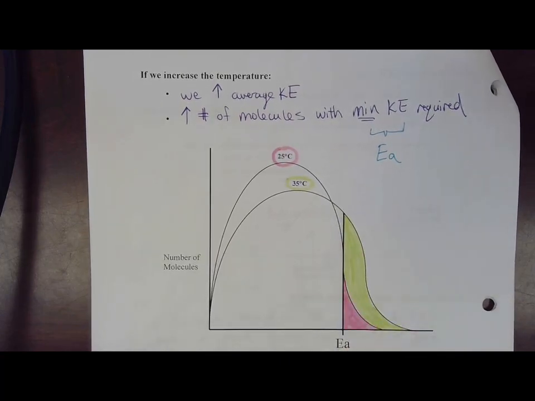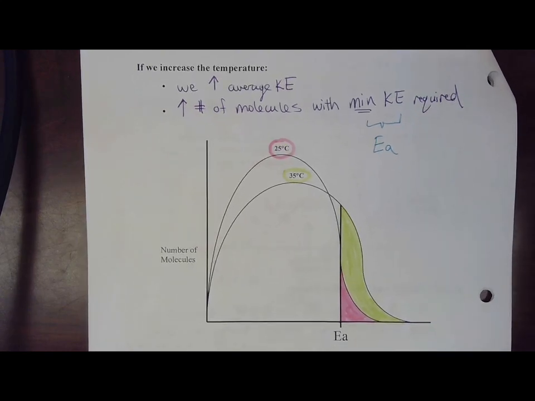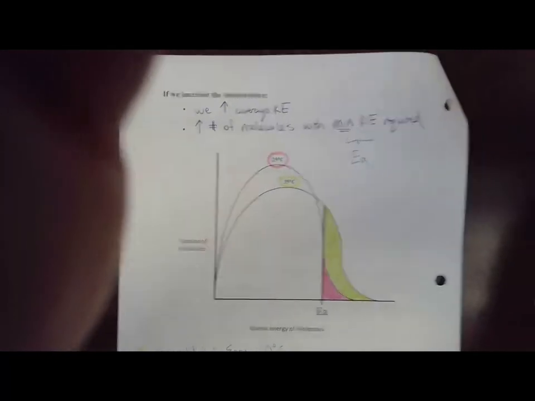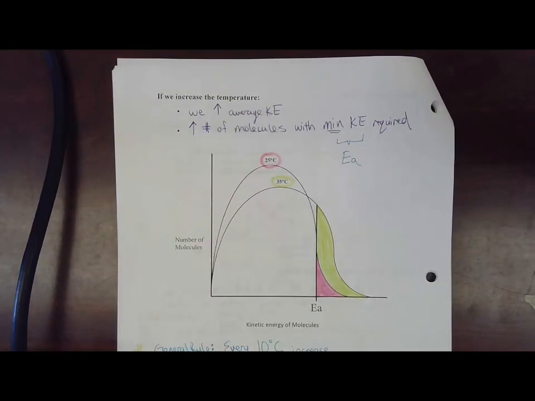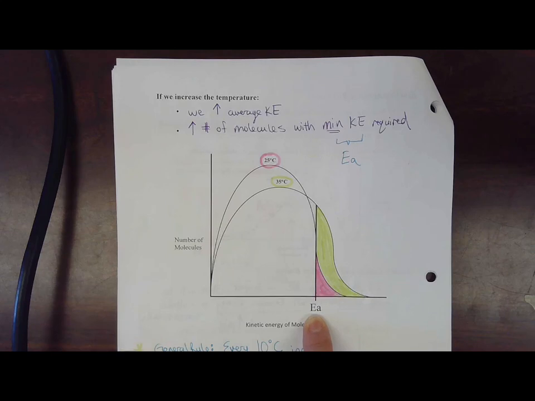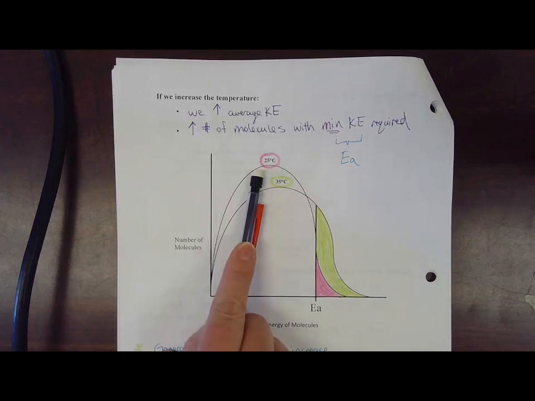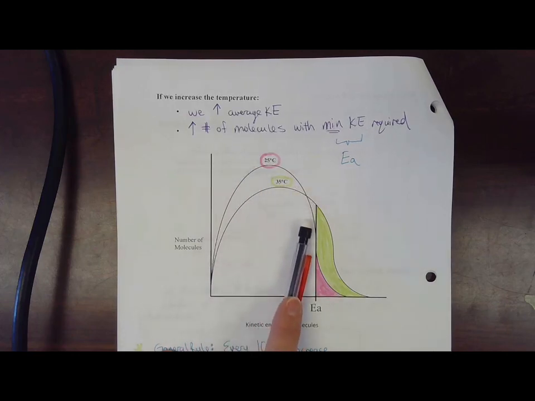So here's our activation energy line. And I'm going to zoom out a little bit so that you can see this. There we go. This is the line that we've imposed for activation energy for this particular reaction. The pink was the curve at 25 degrees. So as this line falls down here, following my eraser, this is how many molecules had enough energy at 25 degrees.